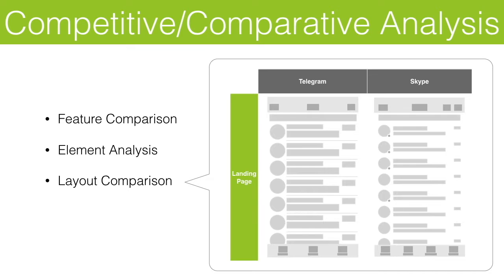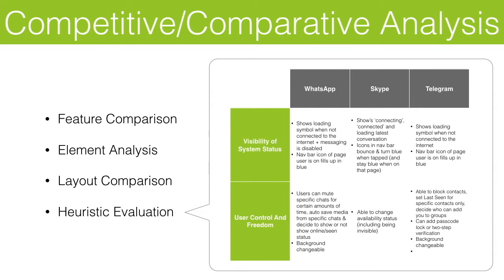Okay, and finally, we've got heuristic evaluation. This is something that turns up quite a bit, and we're going to keep doing it throughout the entire process of our designing. There are tons of different heuristics, and I'll go into this further later on.